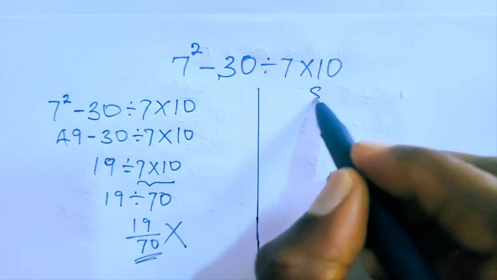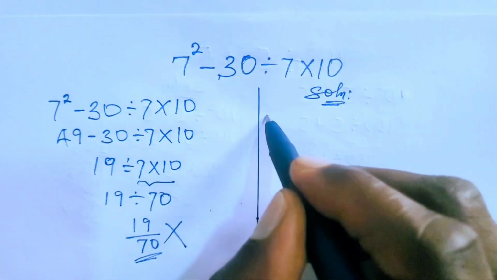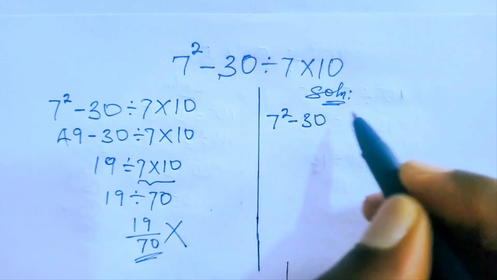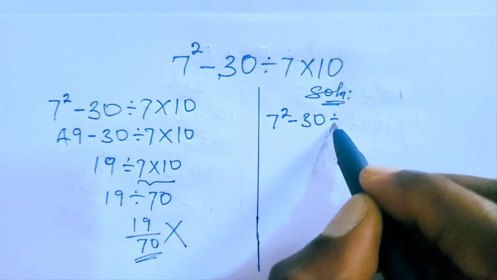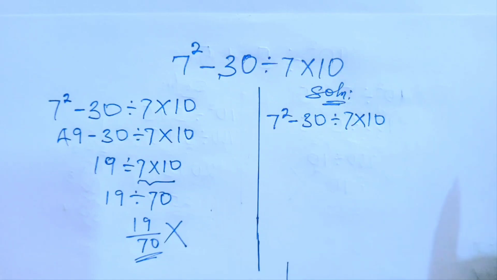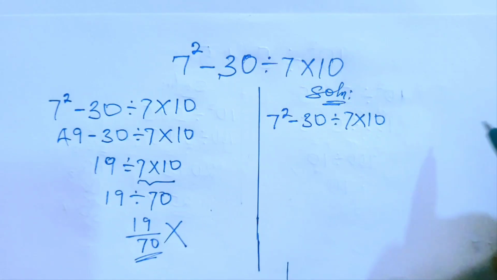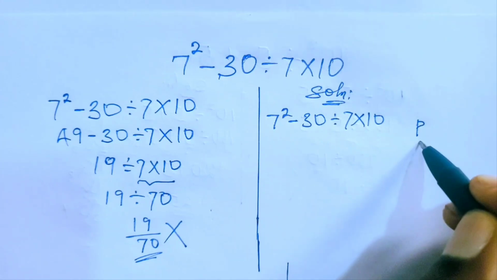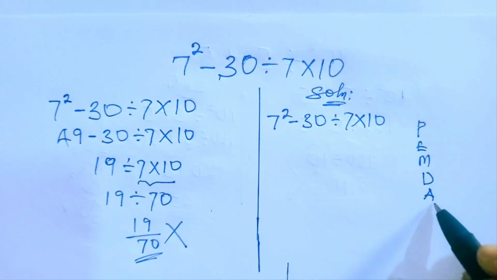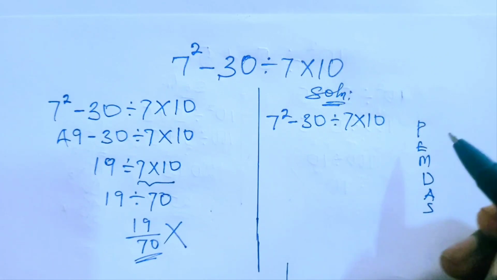Now, to simplify this correctly, we have 7 to the power of 2 minus 30 divided by 7 multiplied by 10. Here, we are going to follow the order of operations called PEMDAS. Following it, we first look for parentheses.